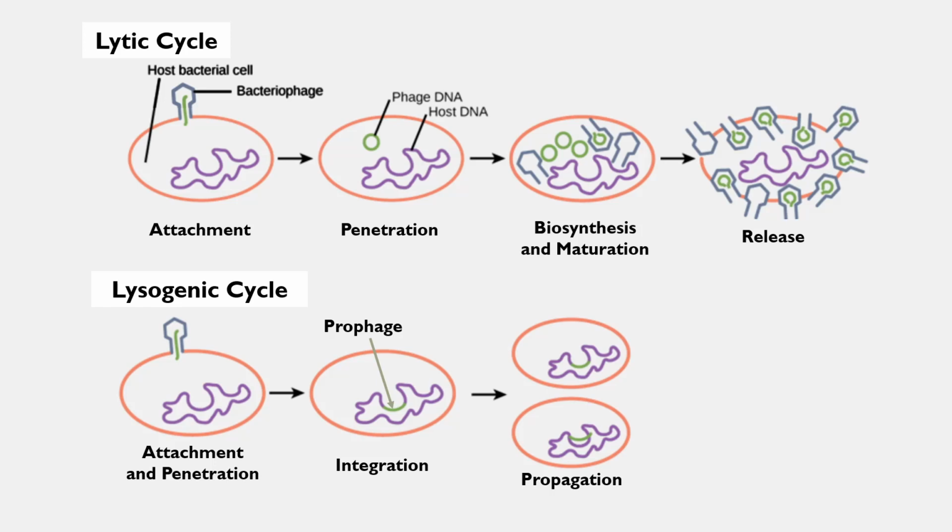But sometimes a phenomenon called induction can occur. Induction is where the bacterial cell realizes that it has been had, and the piece of viral DNA is kicked out of its chromosome, shown right here. Induction can be triggered by environmental forces like stress, like exposure to UV light or exposure to certain chemicals.